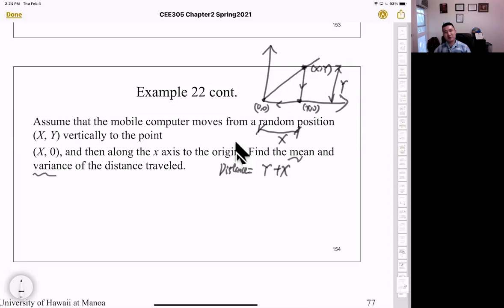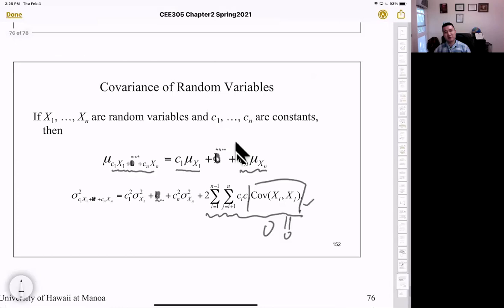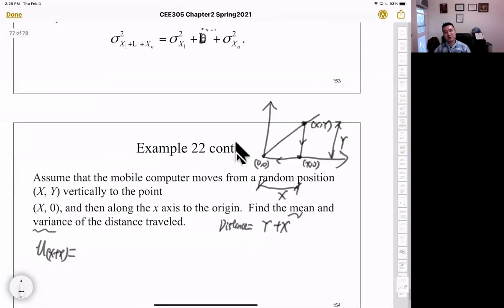So the mean value of x plus y. Based on the previous equation, the mean value is c1 mu x1 plus c2 mu x2, and so on.